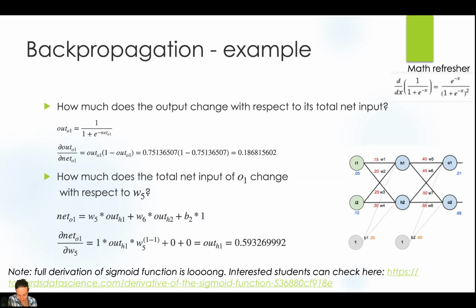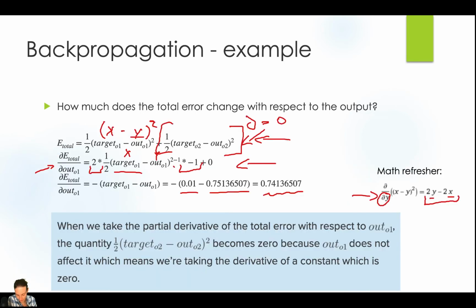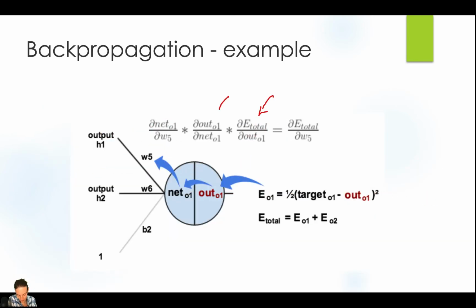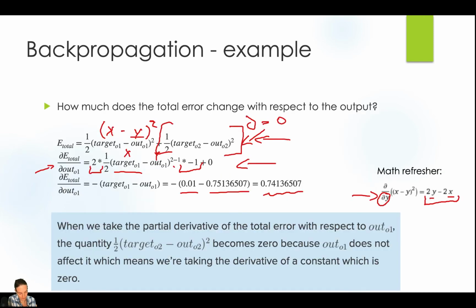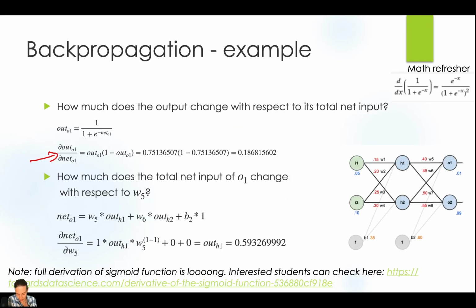All right, the next step in our equation, this one. We're moving on now. The next step is the sigmoid activation. So now we need to take the partial derivative of the sigmoid, and I added a little math refresher here again. To get from the partial derivative to this is actually very complicated.